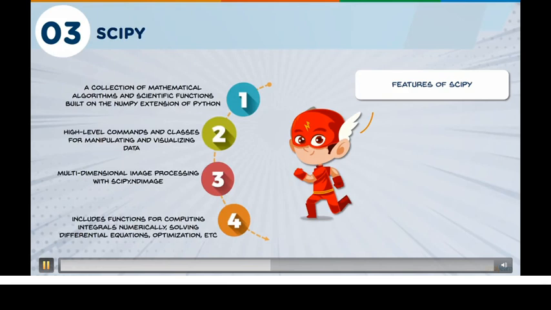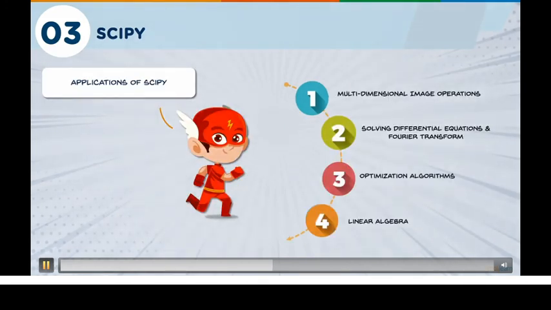So that was about the features of SciPy. Now let's discuss its applications. SciPy is used in multi-dimensional image operations. It has functions to read images from disk into NumPy arrays, to write arrays to disk as images, resize images, etc., solving differential equations, Fourier transforms, then optimization algorithms, linear algebra, etc.